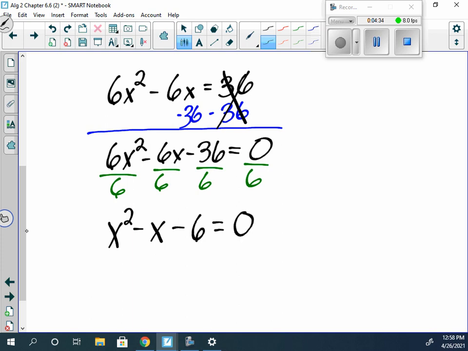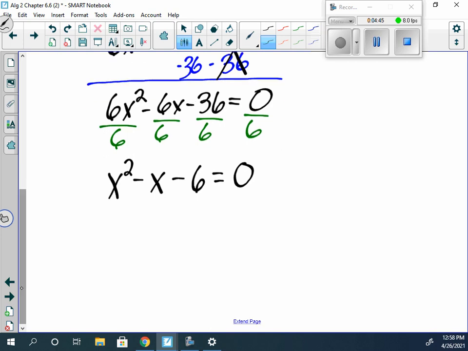And 0 divided by 6 would be 0. So what we're left with is x squared minus x minus 6 is equal to 0.